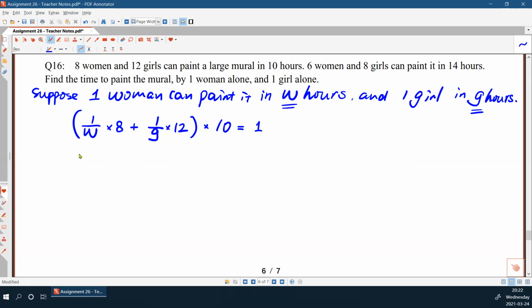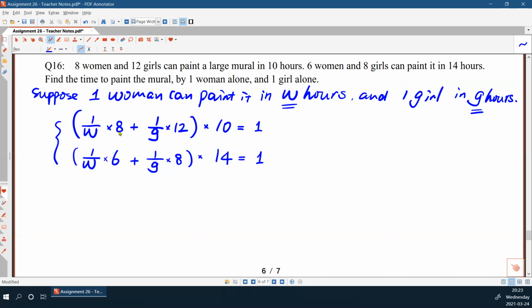Next, if we have 6 women, that means 1 over W times 6, right? This is the total work rate of 6 women, plus the total work rate of 8 girls, then times the time taken to finish the job equals the job completed, which is 1 mural, right?